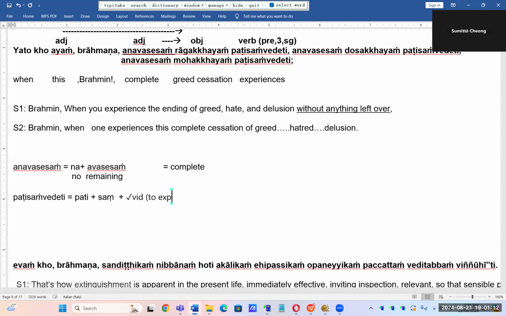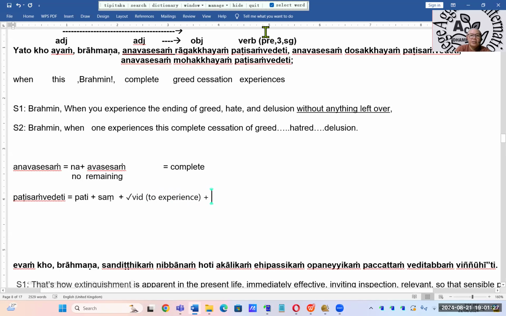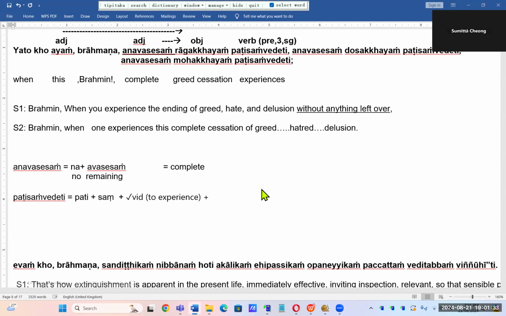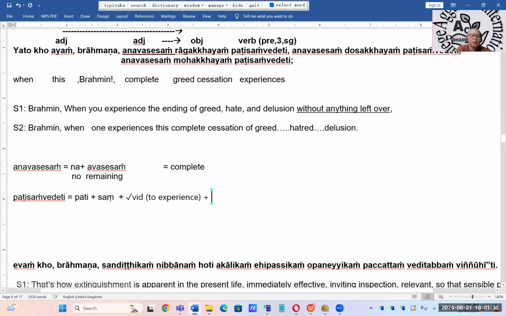Okay, to experience yourself by yourself. So what should the suffix, the conjugation sign, be?